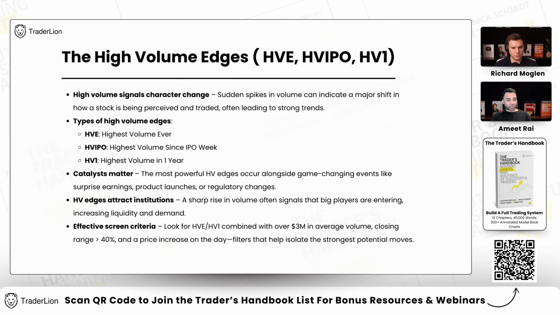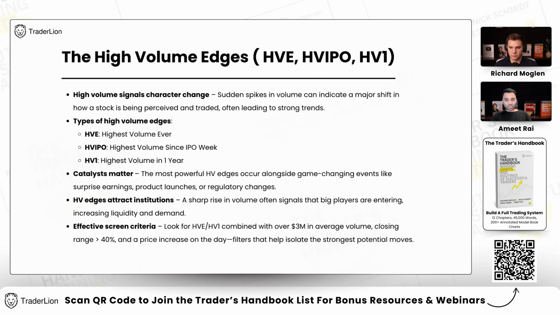So analyzing why it happened matters a lot more now, especially in the past 4, 4.5 years, since 2020, since retail volume has come into the market as well. The HV Edge is a representation of institutions coming in and being interested, right? Essentially, it's huge volume on the charts, it's liquidity.